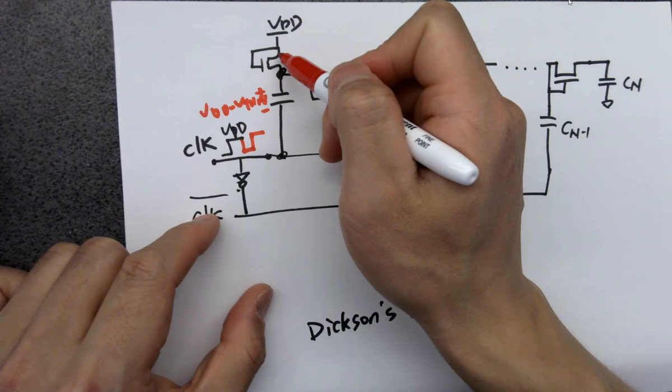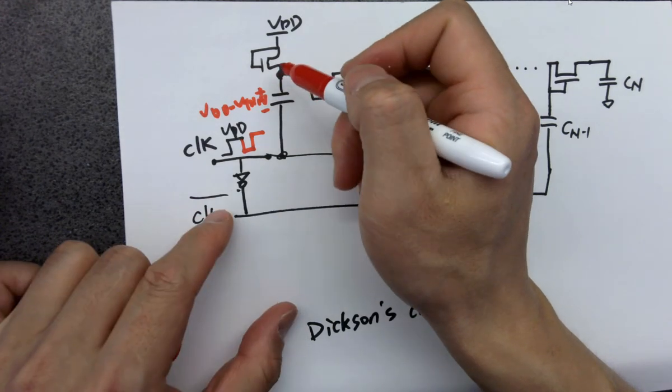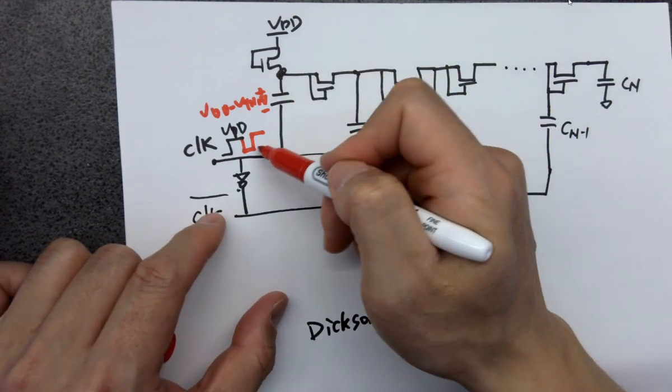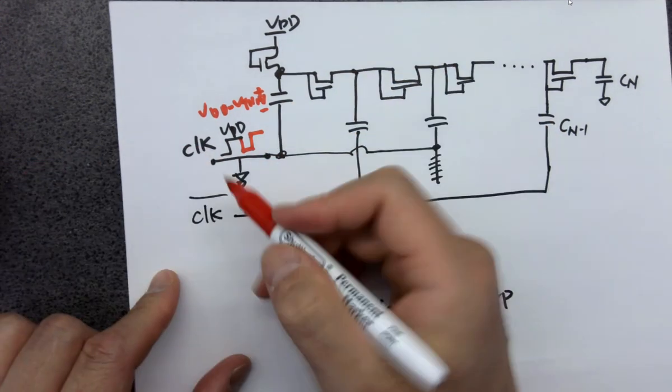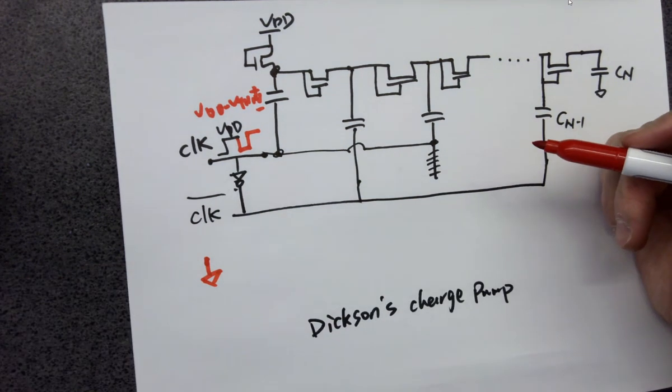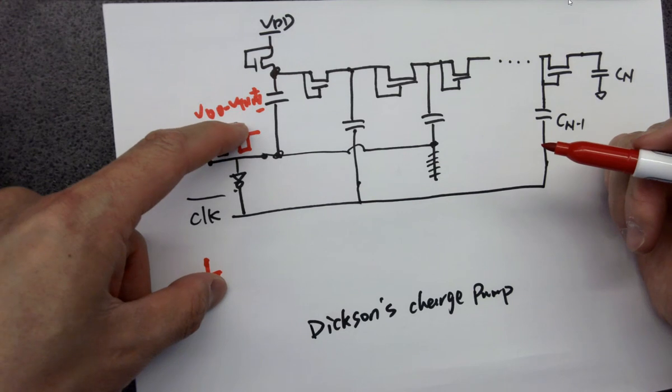It's a diode connection, so charges don't have anywhere to go. Eventually, it's stuck. However, since you are adding another VDD over here, from here to ground, there's a ground. It's adding from VDD to ground.